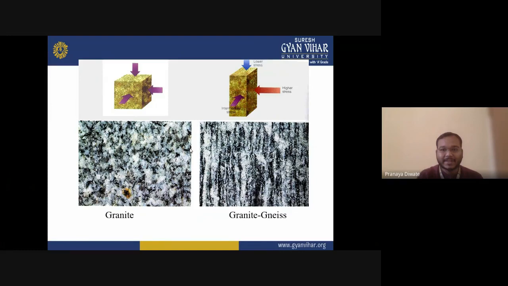What you can see in this picture is the granite having pressure from all the sides. Then that granite changes to gneiss. When the granite undergoes temperature and pressure, it converts to granite gneiss.